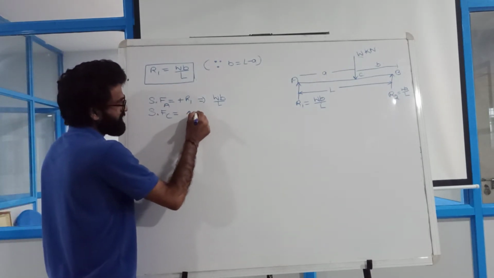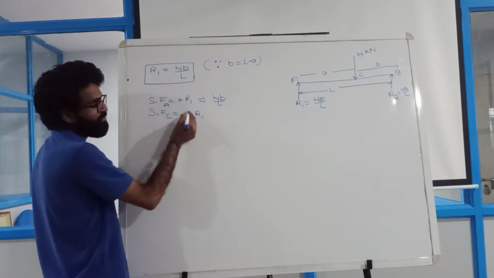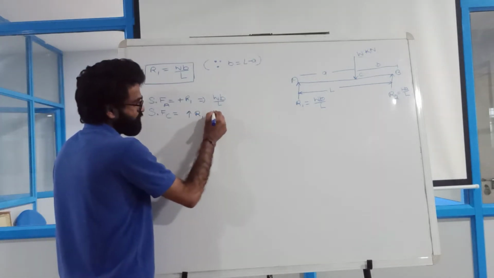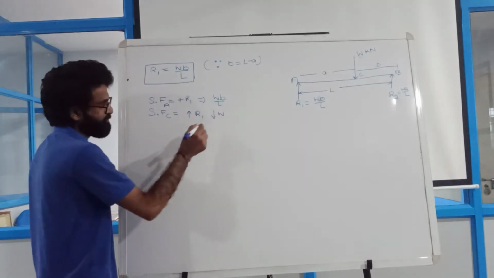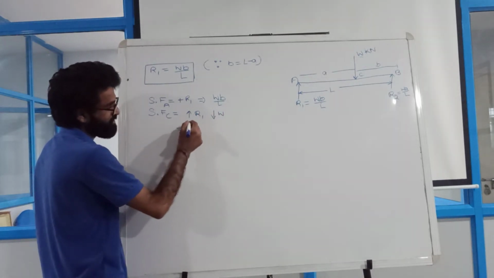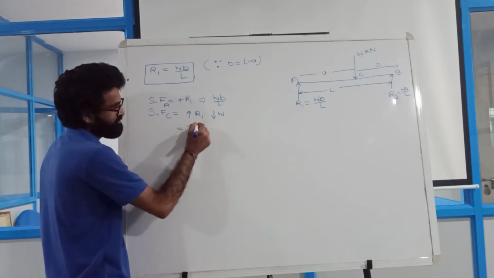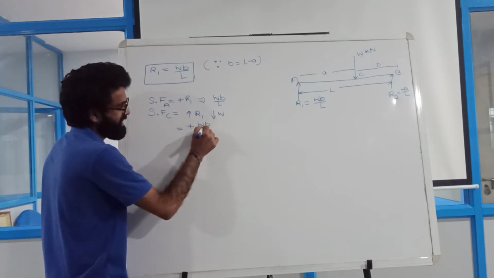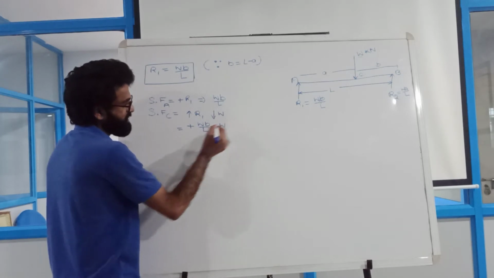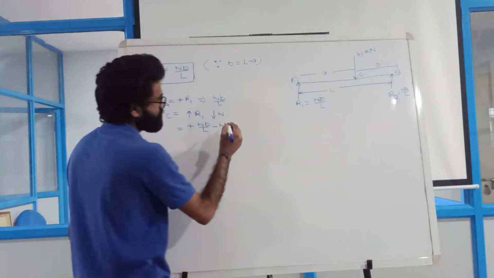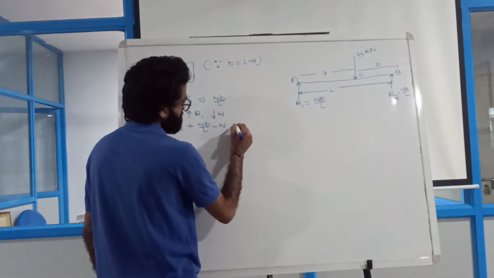So positive WB by L, and this downward force means negative W. If I simplify and solve it, what am I going to get?